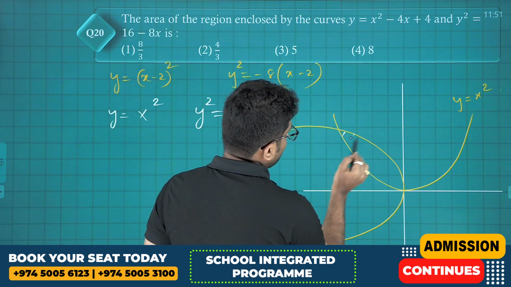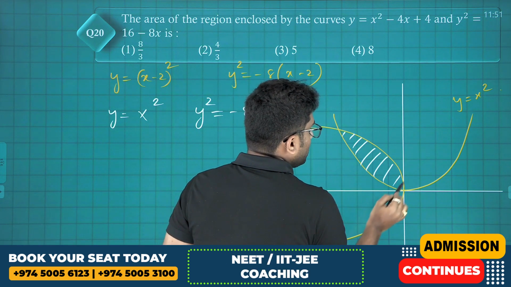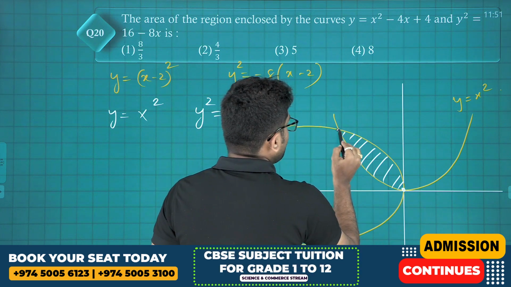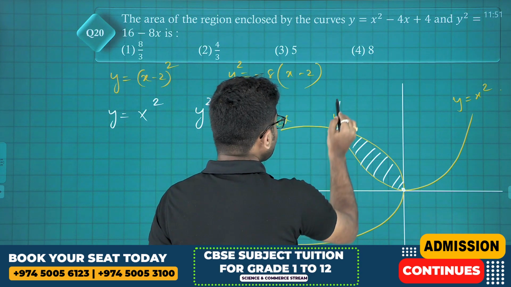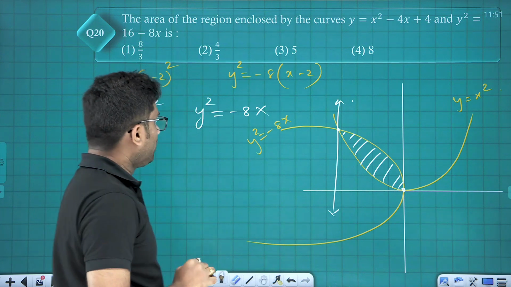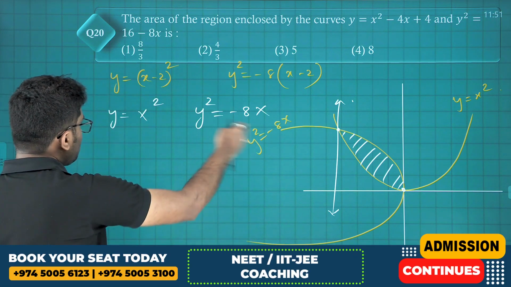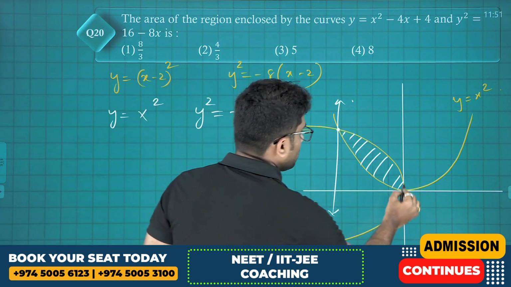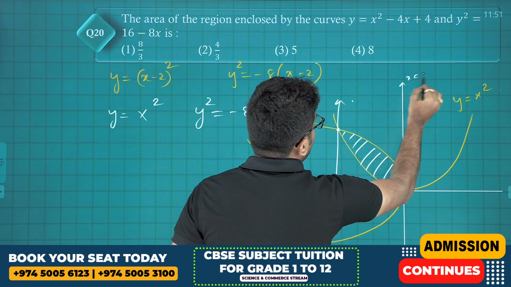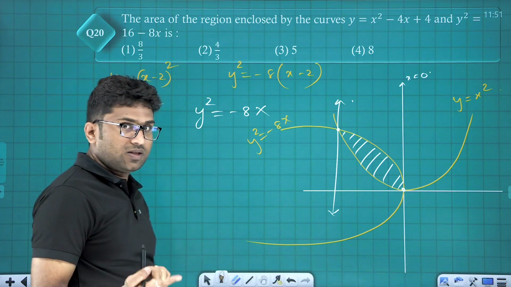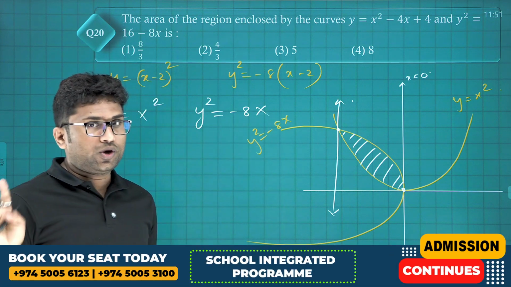Many times we have seen this, friends. One thing is finding the point of intersection, and this will be x equals to 0 anyhow.